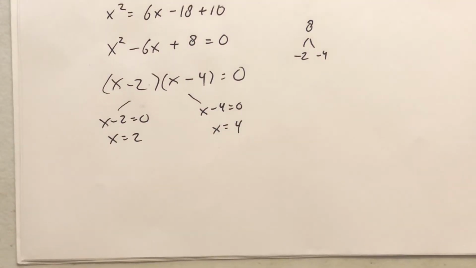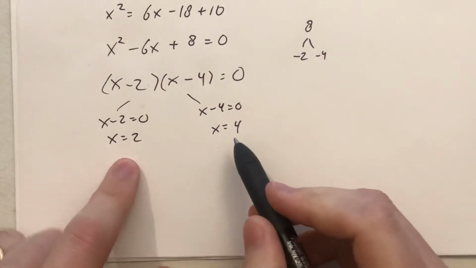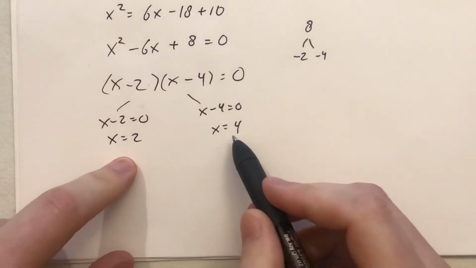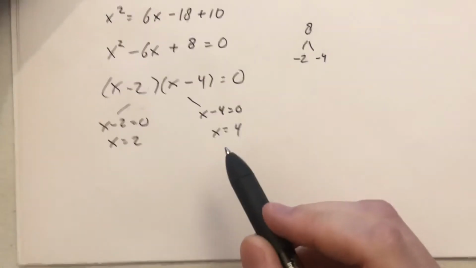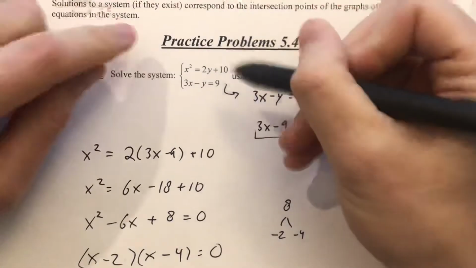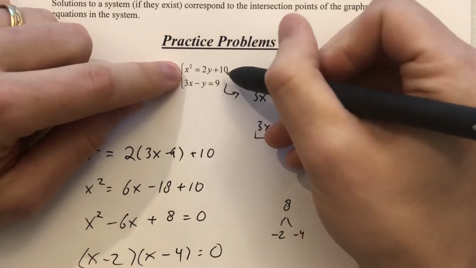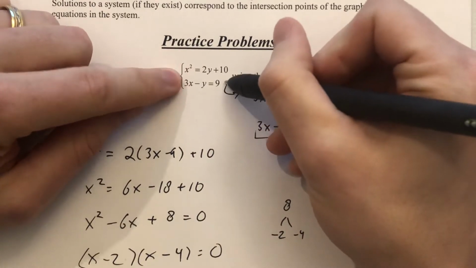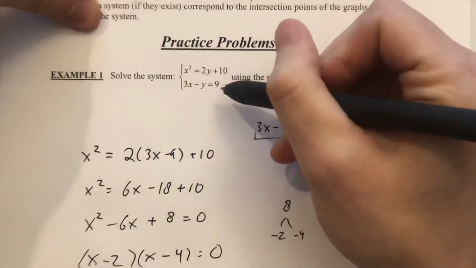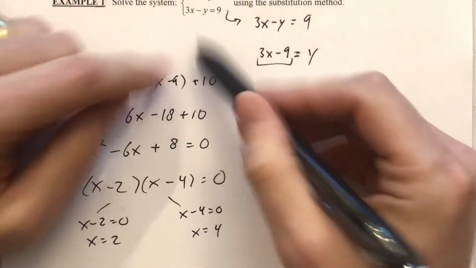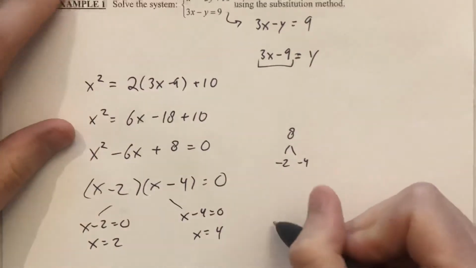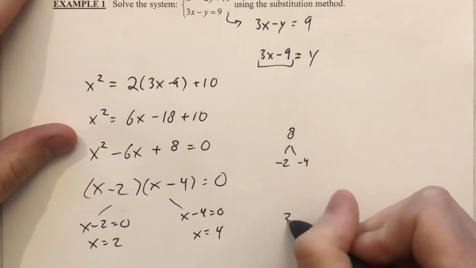Now, we need to use these values to find the paired up y values to them. And notice the important part here. If we went back up to this one, actually let's go to the linear one, and we'll just stick with the linear equation. We're just going to stick with the one that we know the points would exist for.